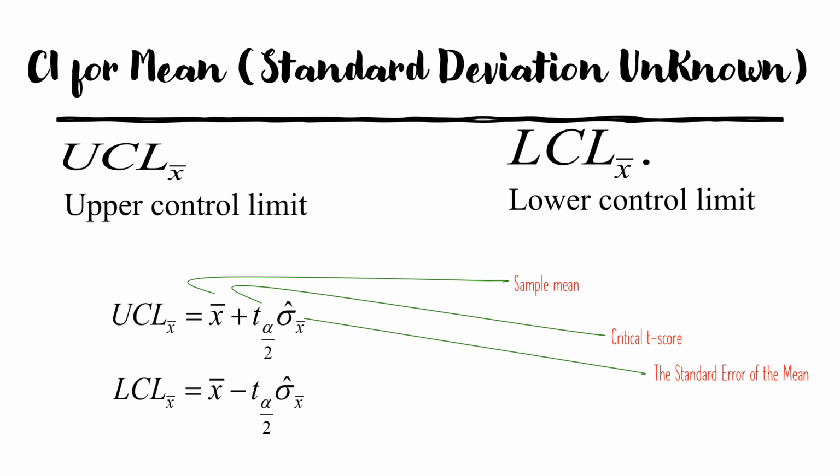So we have to calculate the upper control limit and the lower control limit. Once again, our upper control limit has a plus sign, our lower control limit has the subtraction sign. So things we would need to calculate this: the mean represented by x bar, a t-critical score, which we're going to take from the table, and our standard error of the mean from a sample, which we can calculate or it's given to us.